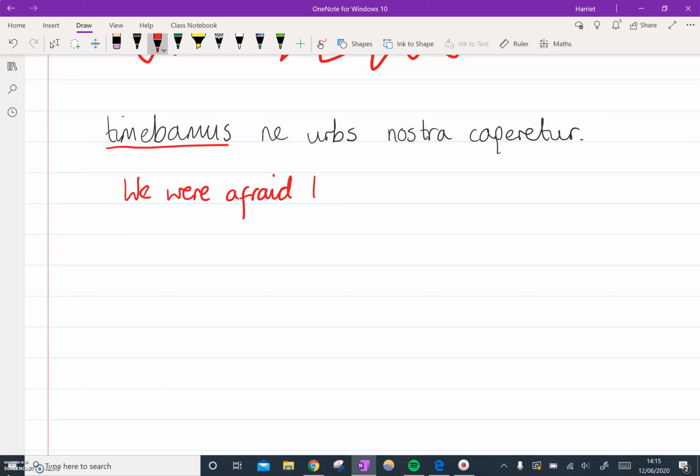And then you translate ne as "that", and it's not going to be translated negatively. So resist the urge to put in a "not" later. So we were afraid that urbs nostra, our city, caperetur, would, the -tur makes it passive, be captured.